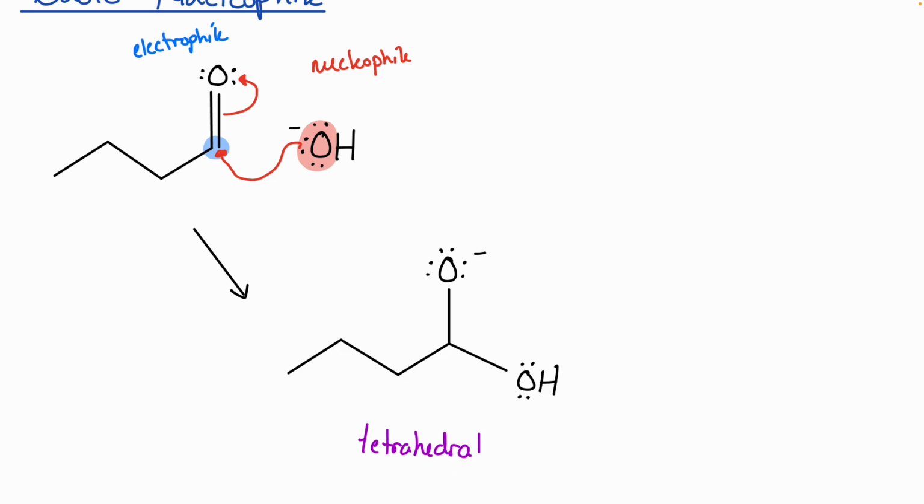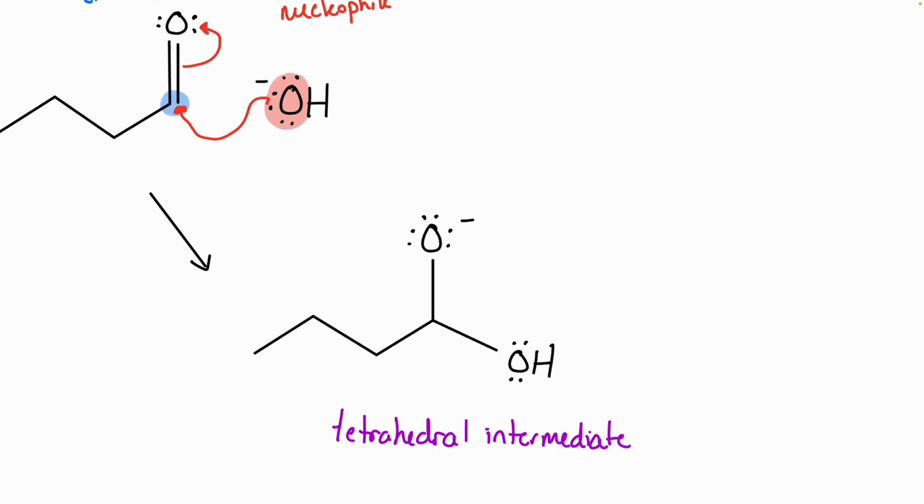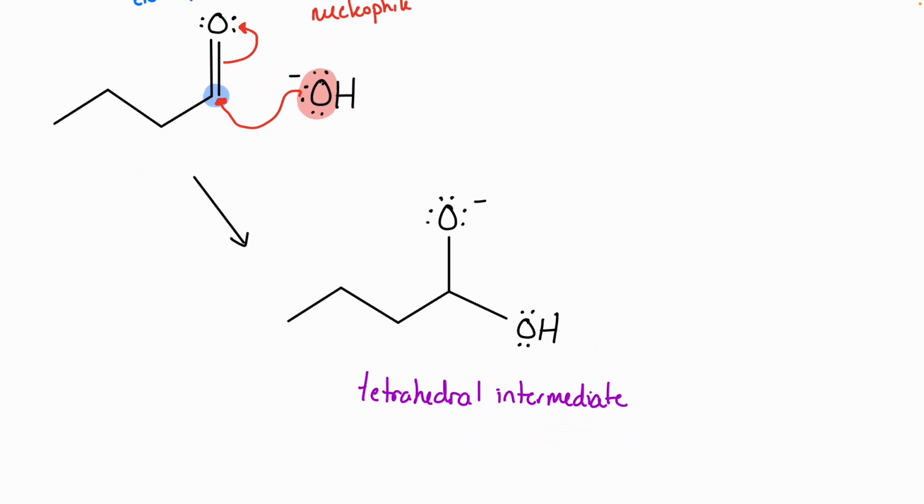And we're going to see these a bunch in this particular unit, so we're going to name this. All right, and whenever we get our tetrahedral intermediate, we're going to get in this habit early on of asking ourselves, is there a good leaving group?